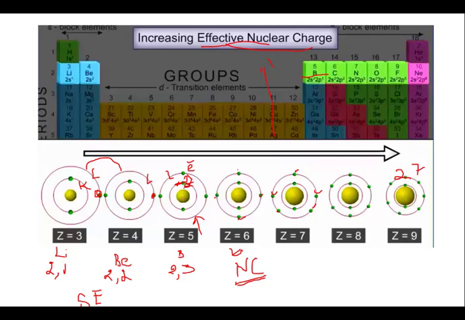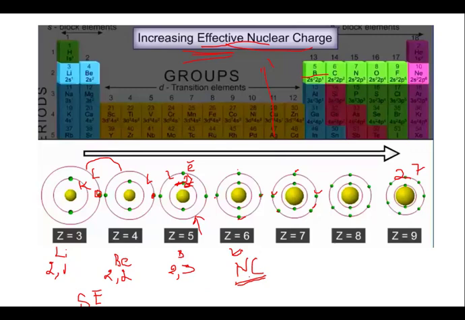Whatever attraction would have been there if there were no inner electron would have been stronger, but now due to this shielding effect, the net force of attraction decreases. The net force of attraction experienced by the valence electron is called the effective nuclear charge. I hope you got it.